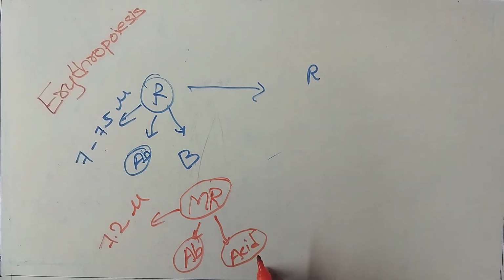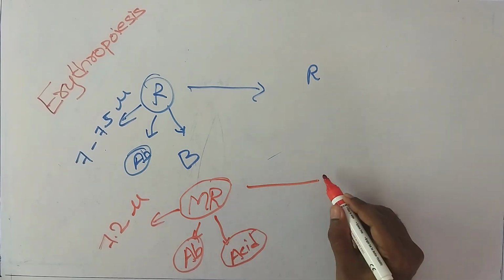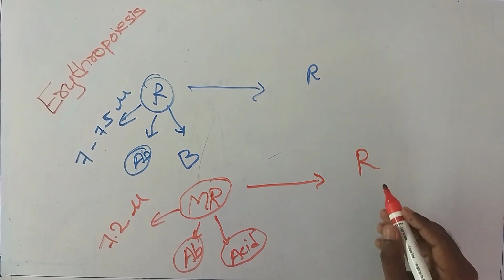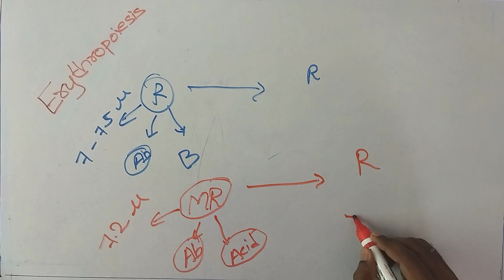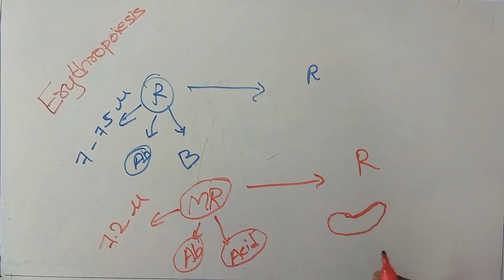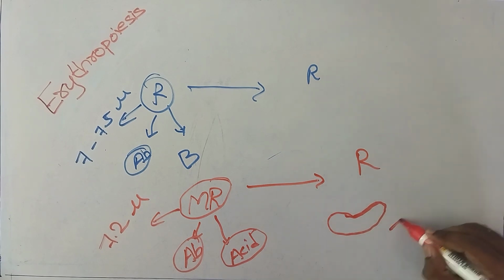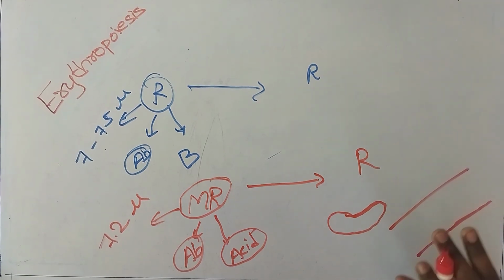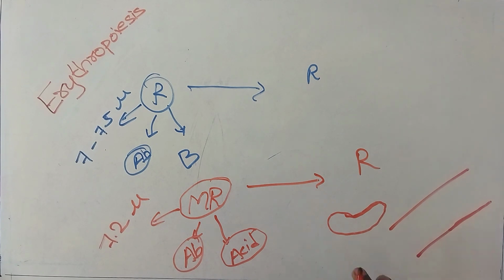The important event in the matured RBC is that the reticulum disappears and the cell attains a biconcave shape. The RBC is then ready to circulate in the body.